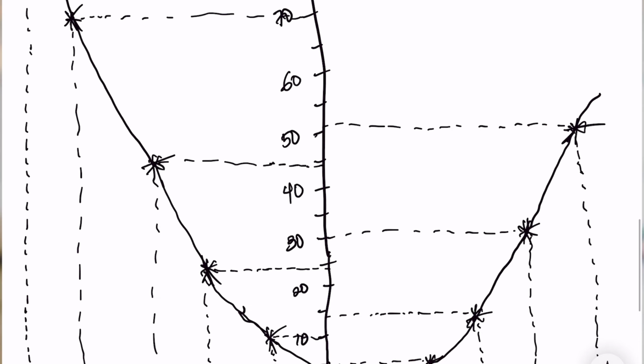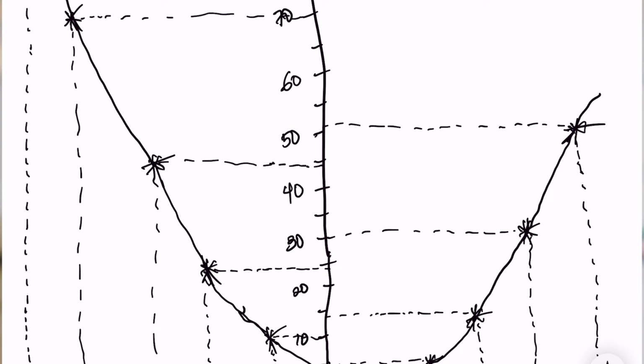Now, we have our quadratic graph. It is important to know that a linear graph is usually a straight line graph, while a quadratic equation is usually a curved graph.